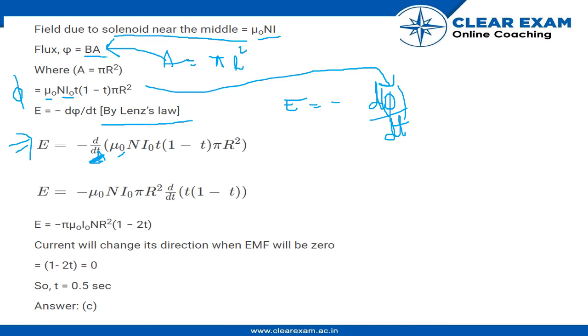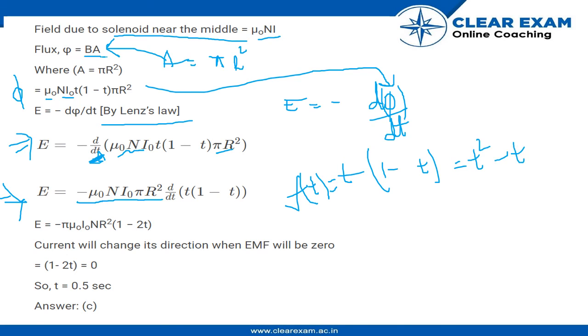Just simply take the constants out of these equations, like we did in this equation, and the differentiation is going to be applied on t into (1 minus t). t into (1 minus t) is our f(t). Let's take it as f(t), and it comes out to be t minus t square.